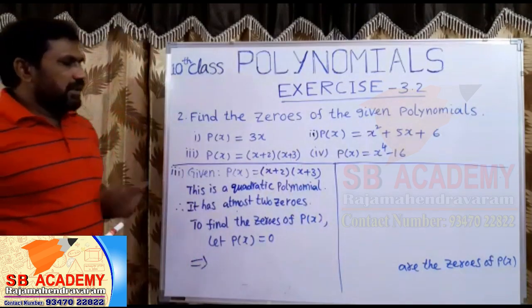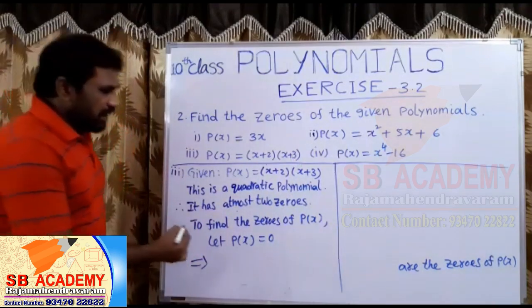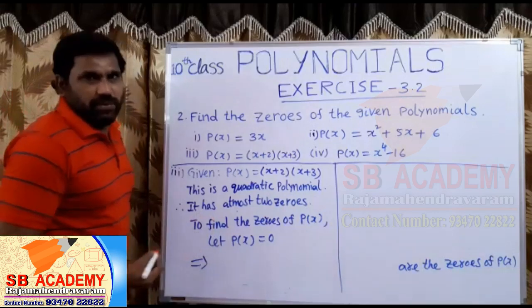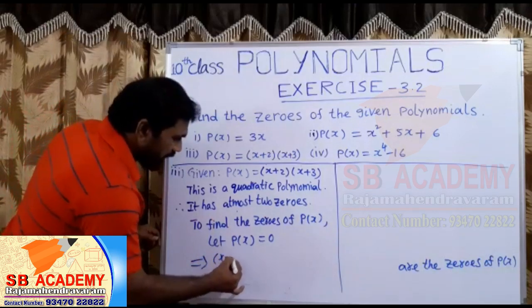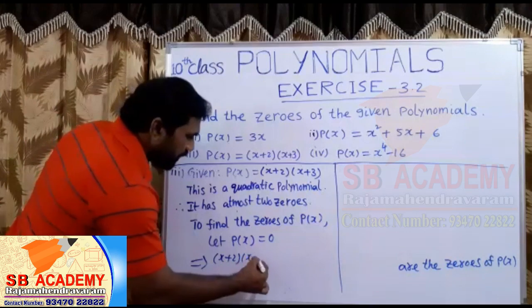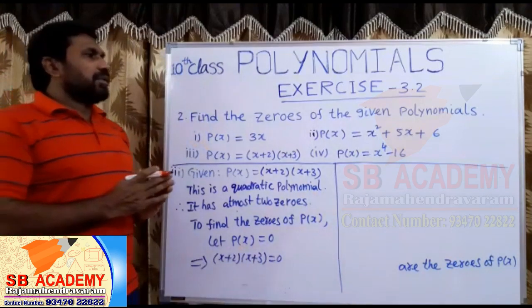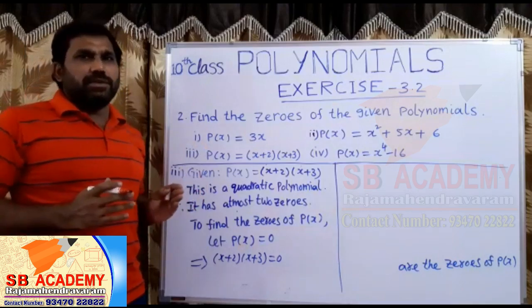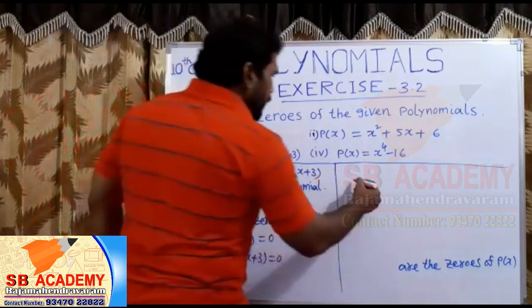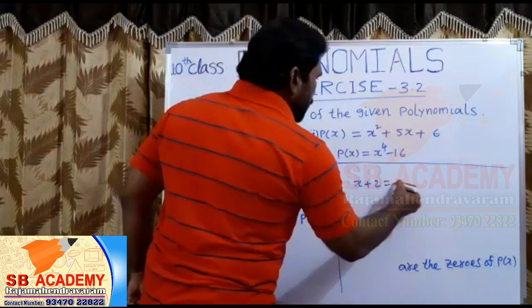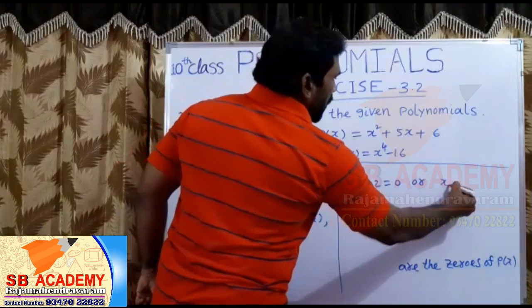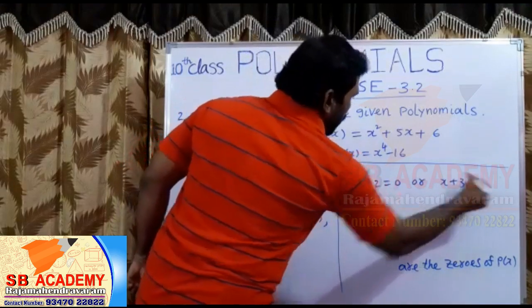To find the zeros of p of x, let us assume p of x equal to 0. That is (x plus 2) into (x plus 3) equal to 0. If the product of two factors is equal to 0, then each factor should be equal to 0. That is x plus 2 equal to 0 or x plus 3 is equal to 0, right?